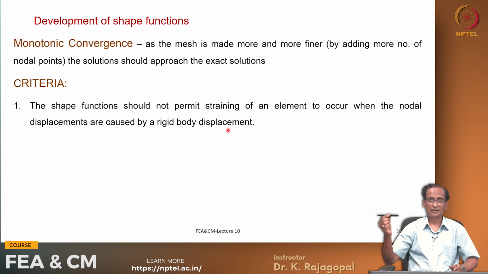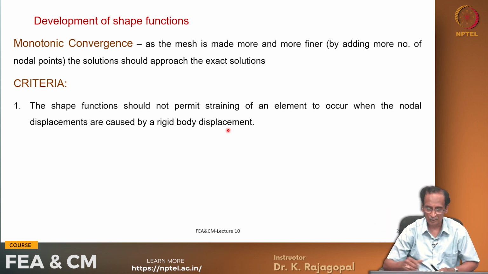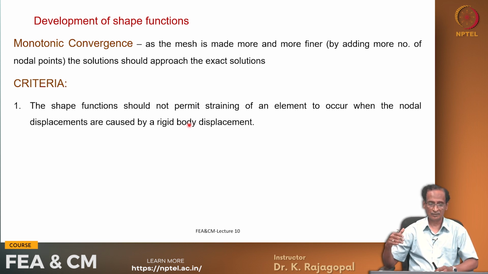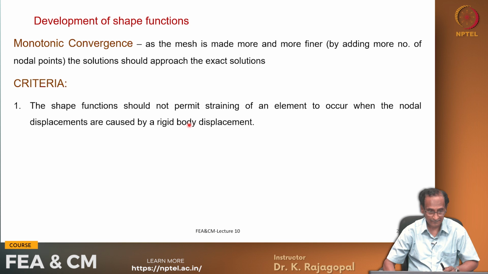That we call rigid body displacement, where all the nodes within the element are subjected to the same displacement. And if that is so, there should not be any forces developed in the body.